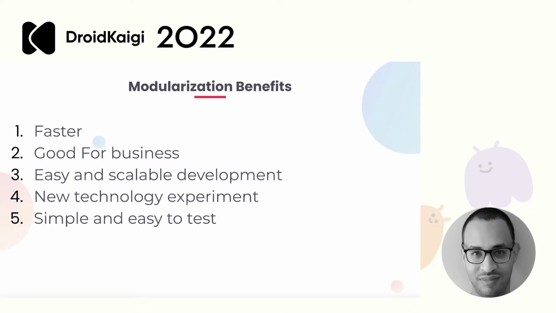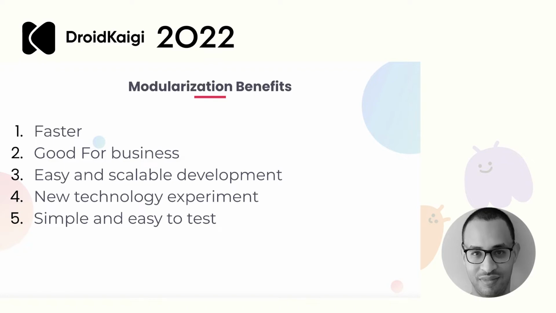Now let's see the modularization benefits and the impact on KMM. The very first reason is to speed up builds. Basically, Gradle works great with small parts thanks to parallelization. In a single module, all the tasks run sequentially, resulting in a very long compile time.